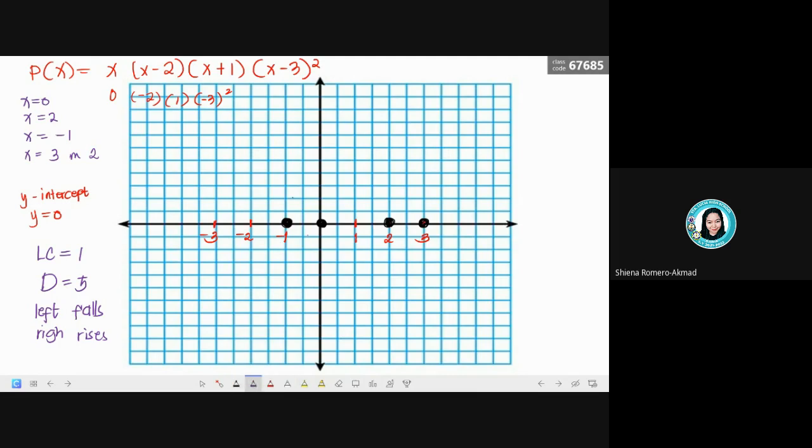So, cross. Ay! Pangit naman ang ano ko. So, cross. Ay, hirap mag-graph. Cross. Cross. Cross. Ay! Mali yung cross ko doon.